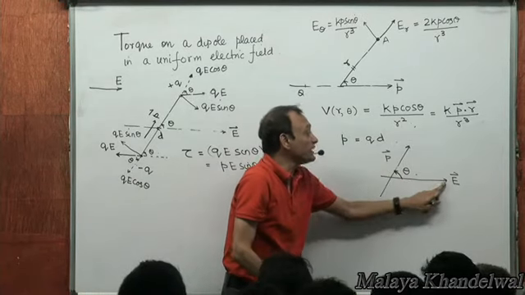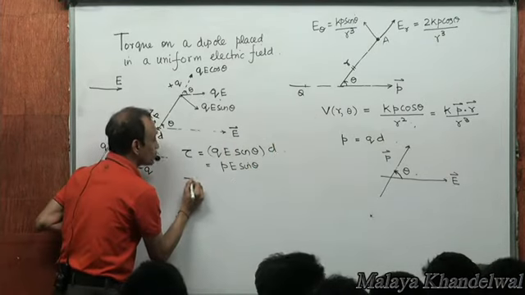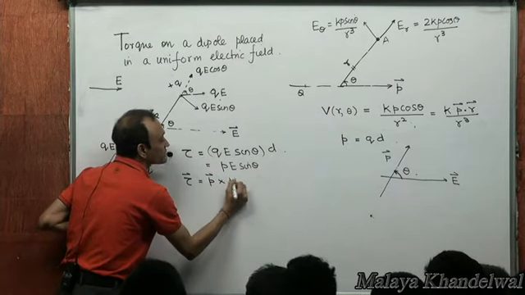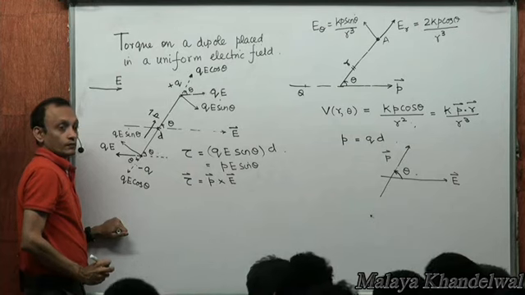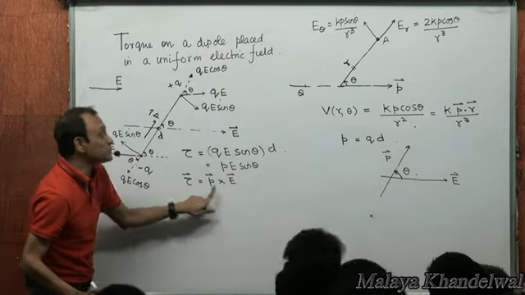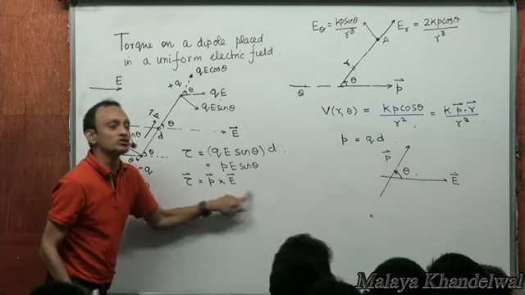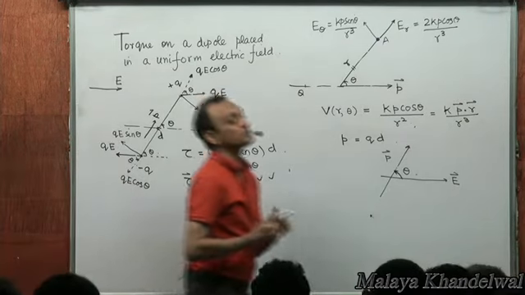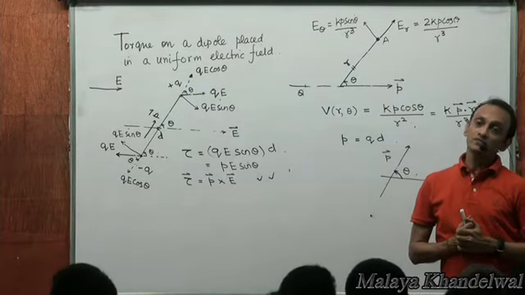And the magnitude of p cross E is pE sin theta. So then can I say that the torque on this arrangement is p cross E? Both the direction and magnitude match. So when a dipole p is placed in a uniform electric field E, it will experience a torque p cross E. Very commonly used result. Torque experienced by a dipole when placed in an electric field that is uniform.